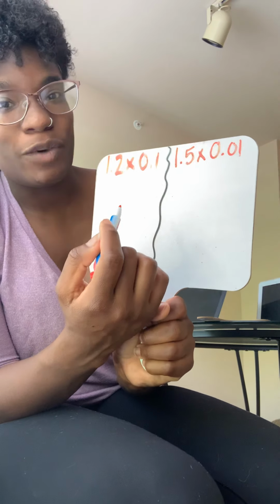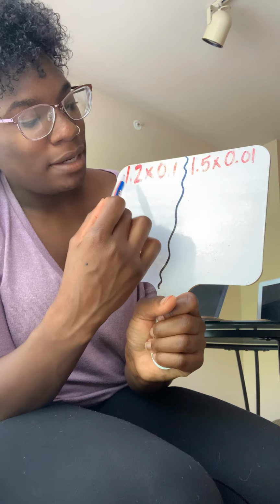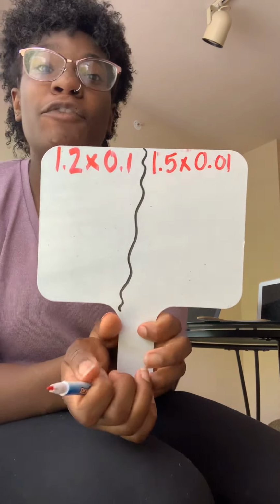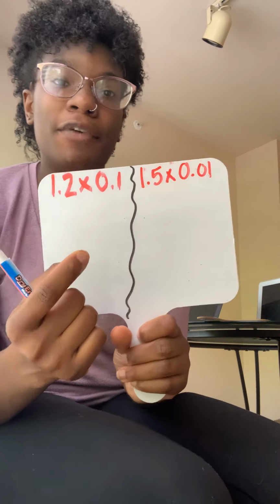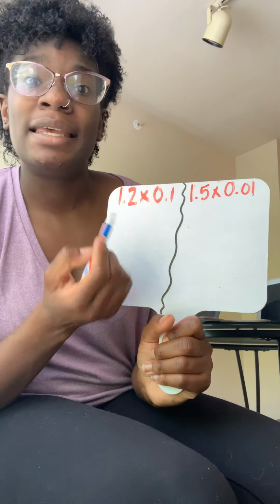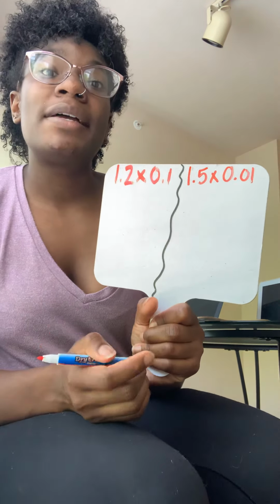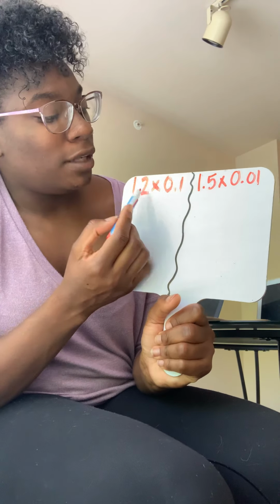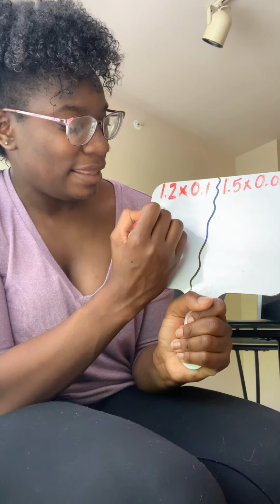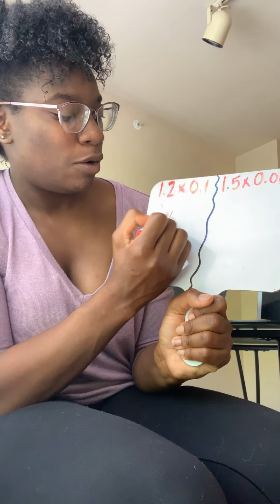For our first one, we've got 1 and 2/10 times 1/10. And if you remember what we've just gone over, we're going to keep this as a fraction of tenths. So if you're looking, we know that 10/10 once again is equal to 1 whole.